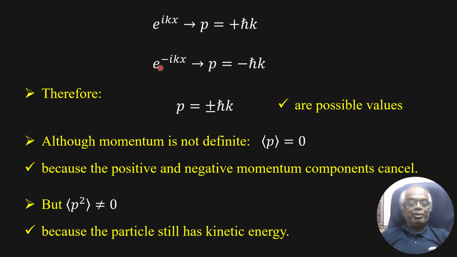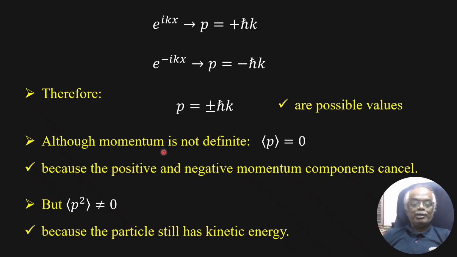Similarly, for e to the power minus ikx, you will get the momentum eigenvalue minus h cross k. Therefore, p is equal to plus or minus h cross k. These two values are possible.